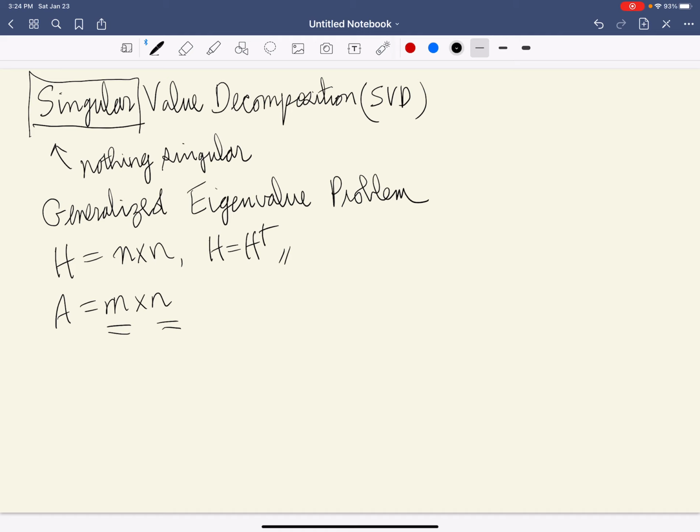And even when A is a square, it's not always the case that this matrix be Hermitian. So for non-Hermitian matrices, we don't even know whether we can define something like the eigenvalues, and if we did, whether the eigenvalue will be real.